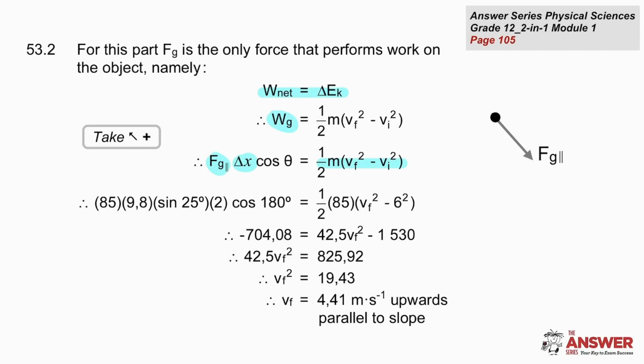Now substitute all of these values in much the same sequence as before. The mass, little g, the sine of the slope angle, delta x, theta equal to 180 degrees, the mass again, and the initial velocity, to get a final velocity of 4,41 meters per second up the slope.